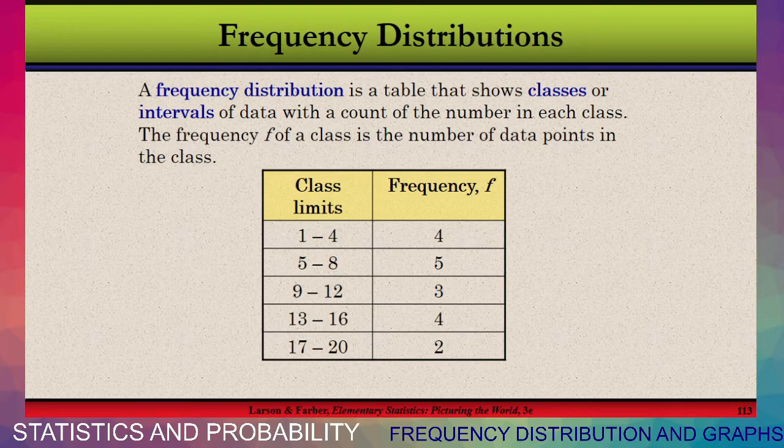So, 5 minus 1 is 4. Or on the upper class limit, 8 minus 4 is 4. 9 minus 5 is 4. 12 minus 8 is 4. 13 minus 9 is 4. 16 minus 12 is 4. 17 minus 13 is 4. 20 minus 16 is 4. So our class limit is correct, because the interval we use should be consistently 4. Okay? So, next.